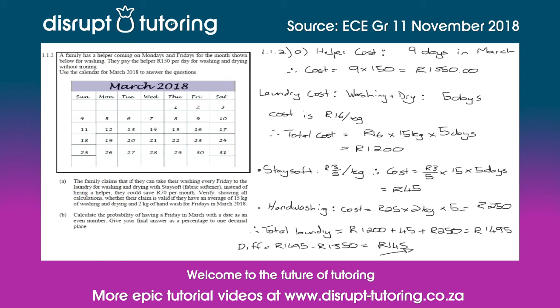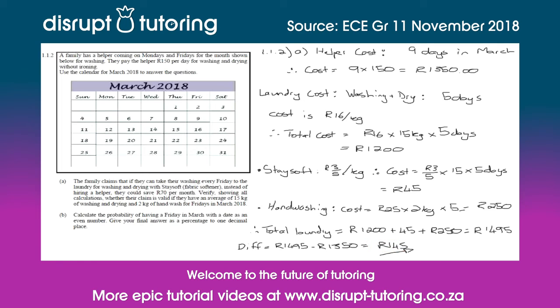So as I said, we calculated the difference, and we had to verify that they could save 70 Rand a month by doing their own laundry. But in actual fact, doing your own laundry is actually 145 Rand more expensive.